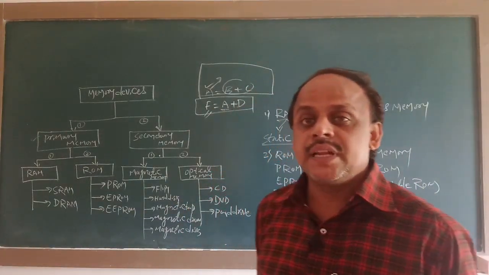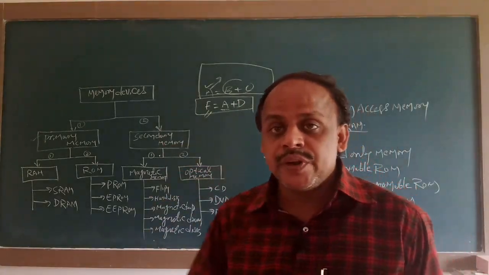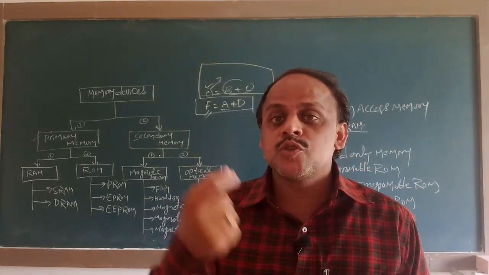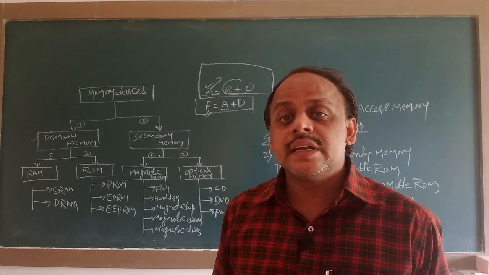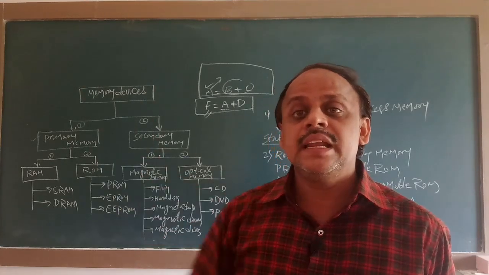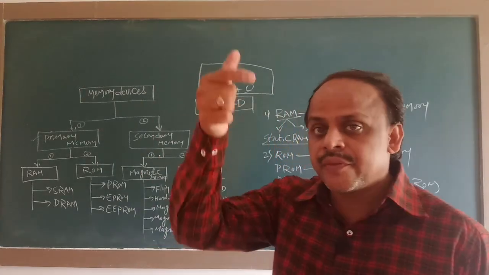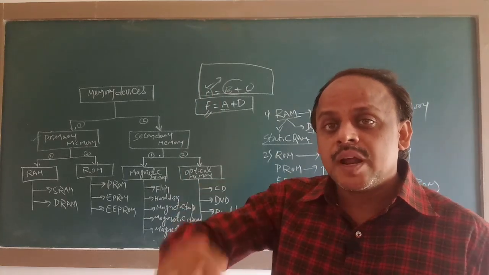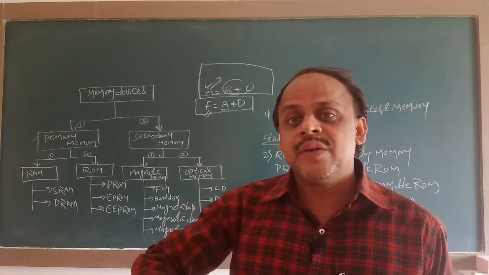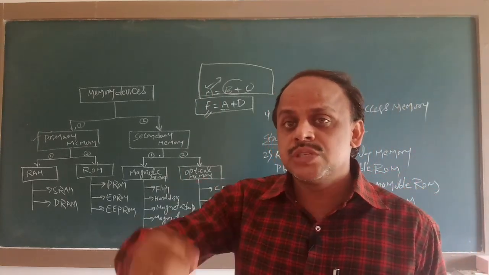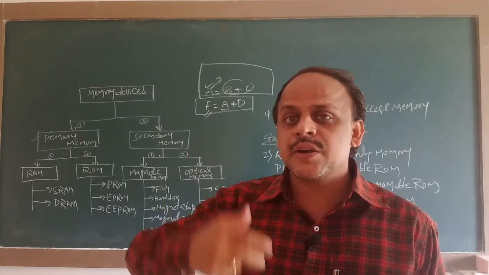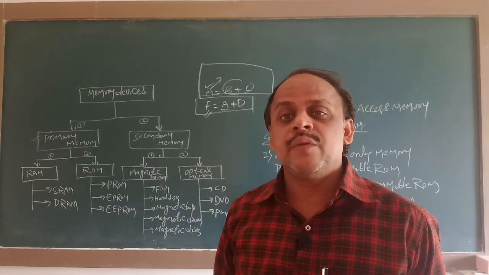So here, primary memory devices are used to store intermediate results as well as final results. After writing the program, the instructions are executed one by one, right?